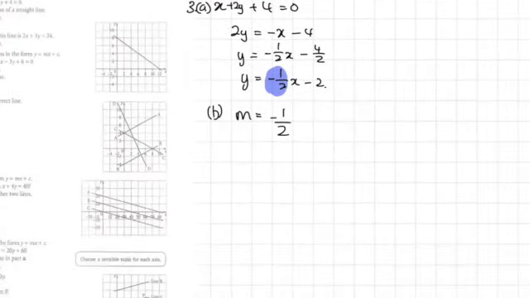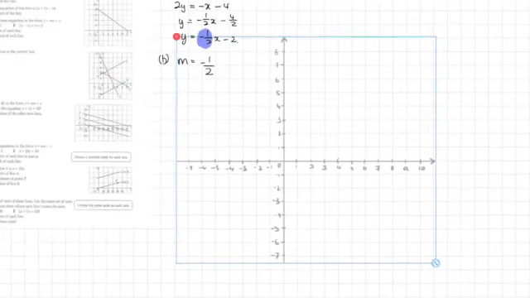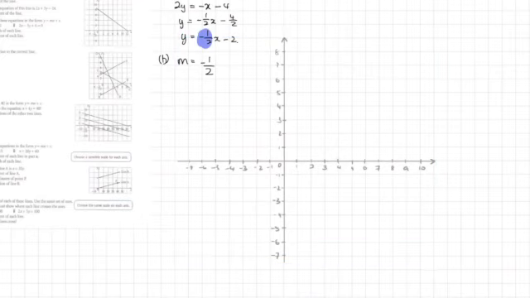So now we need to draw it. It's not too difficult. First, find your y-intercept. I'm not going to say y equals, when x equals 0, immediately, I'm just going to label my y-intercept -2 from here.